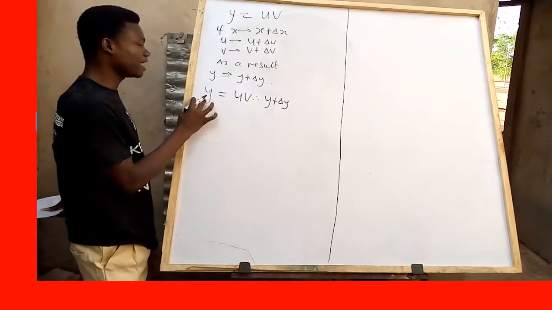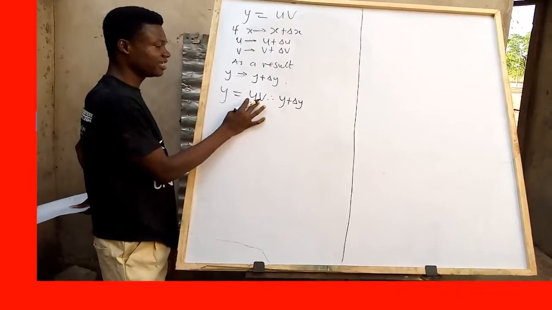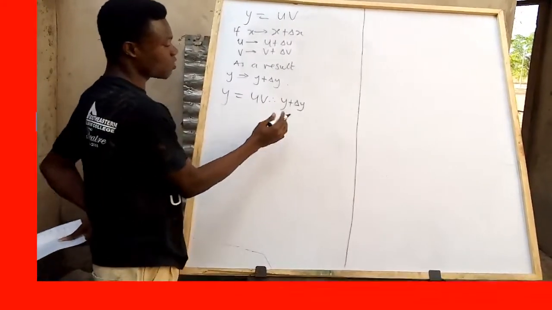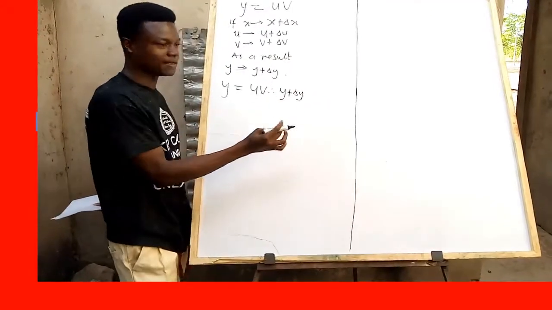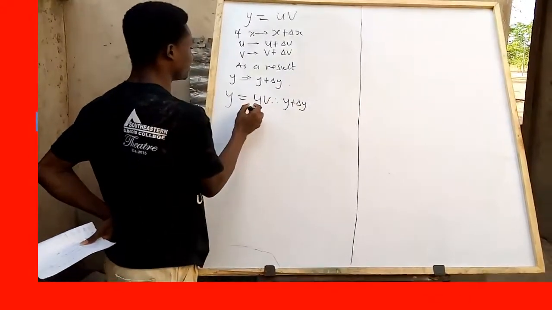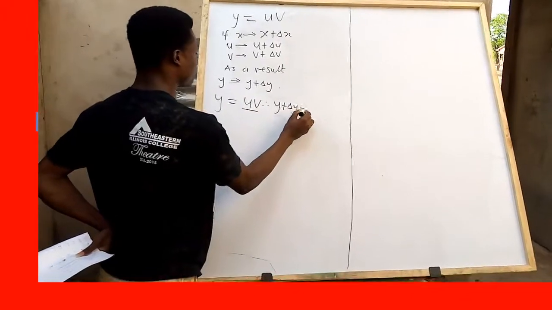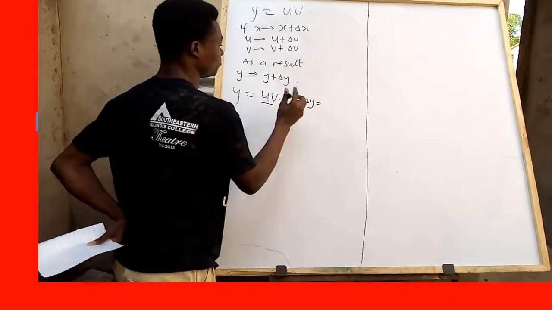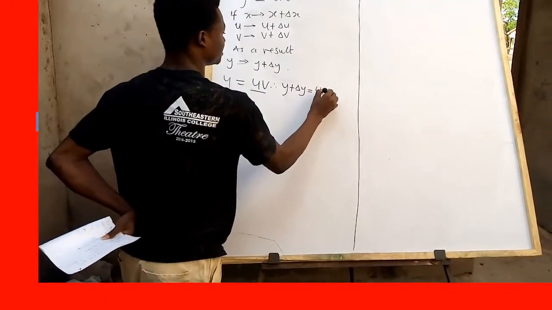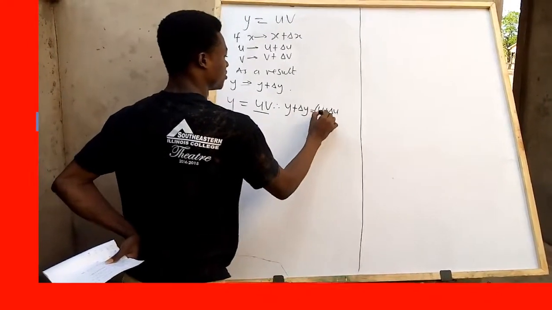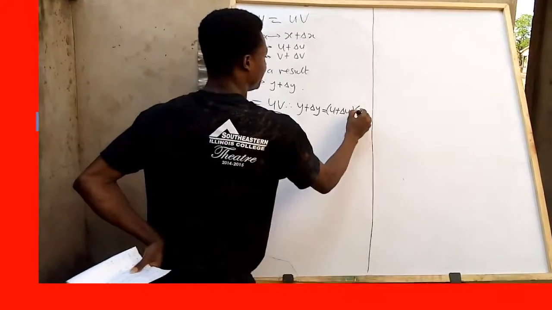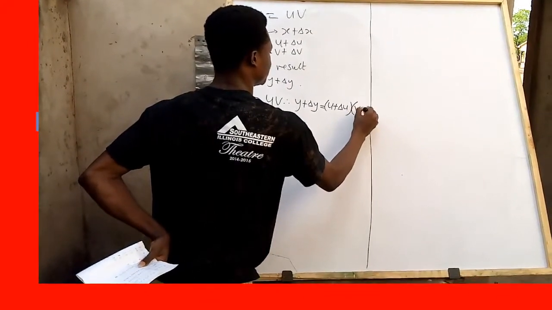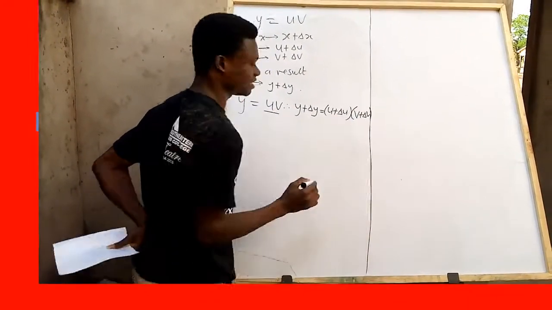So I know that my y is equal to uv. If there's a small change in y, it goes to y plus change in y. So it changes everything here. My u now changes to become u plus change in u, multiplying my v, which also changes to be v plus small change in v, like this.